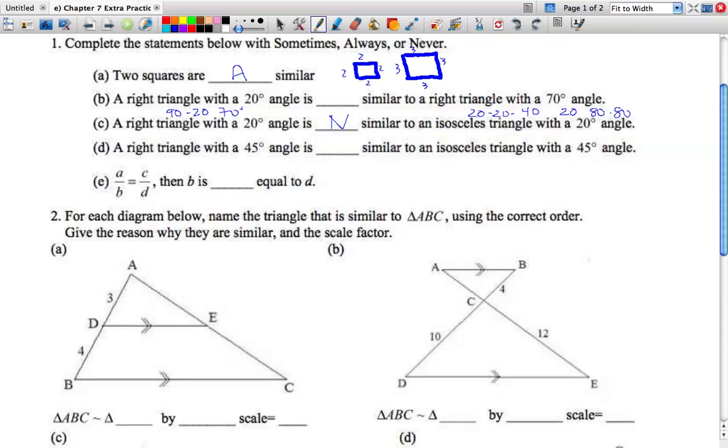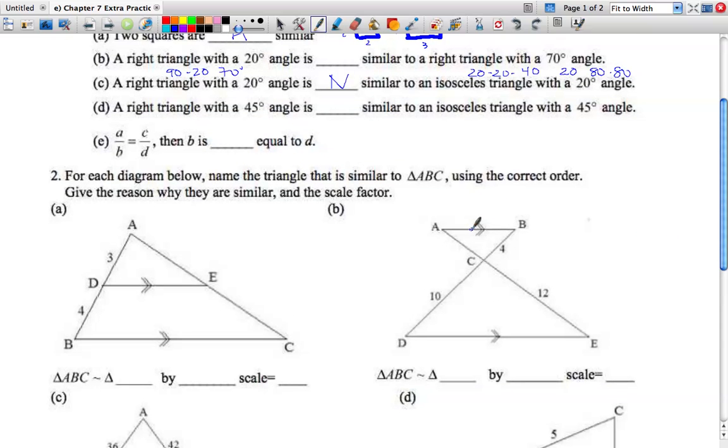Okay, going down to 2B, you're given A, B, C, and you want to figure out if their triangles are similar. Oh, I guess they have to be similar. Use the correct order, give the reason, and the scale factor.